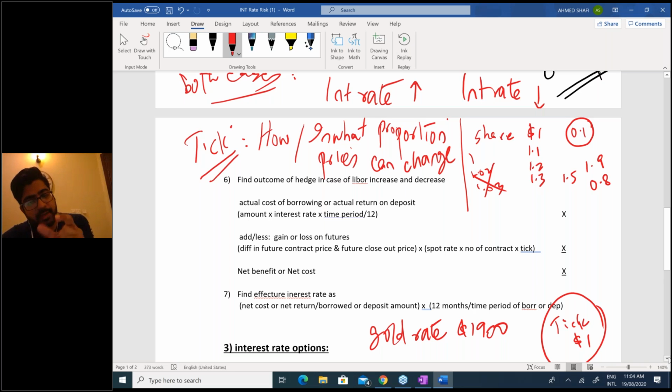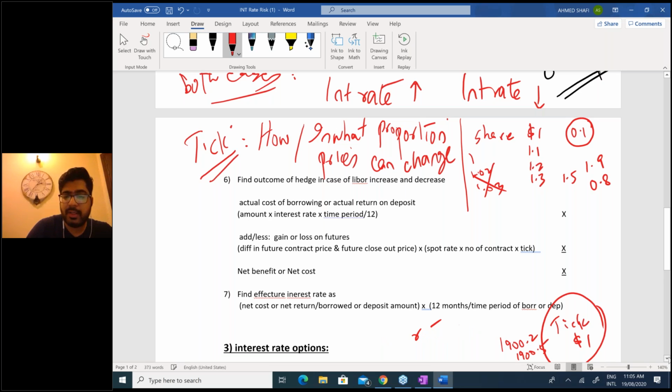That means gold rates can move in lots of $1. So if the gold rate is 1900, it can be 1901, 1902, 1899, 1888, 1885, 1905, 1906. It can never be the case that gold rates are 1900.2 or 1900.5. They cannot move by 0.2 or 0.5 because the tick, the fluctuation lot, is $1. So it can move in pieces of 1, like 1900, 1901, 1902. So that is tick. Again, in questions it would be given, but if it's not given, the marking scheme states you need to find the tick also.